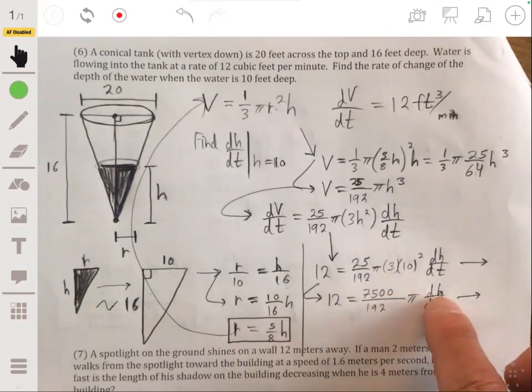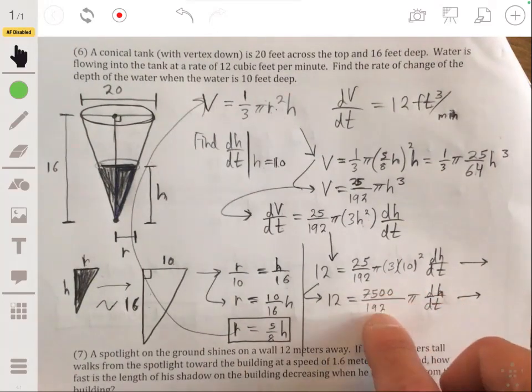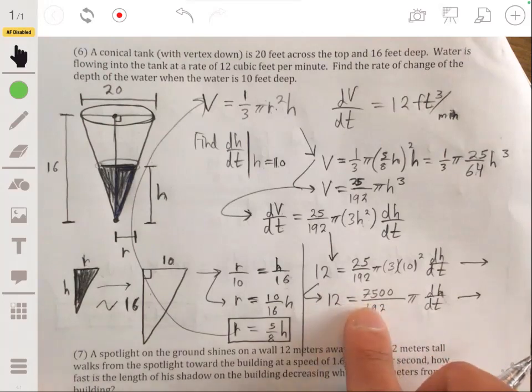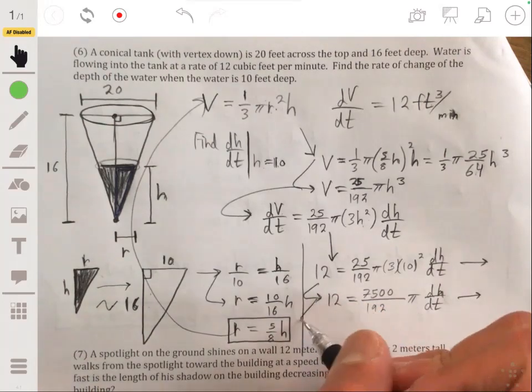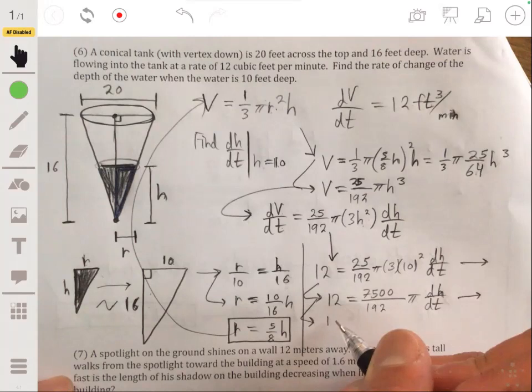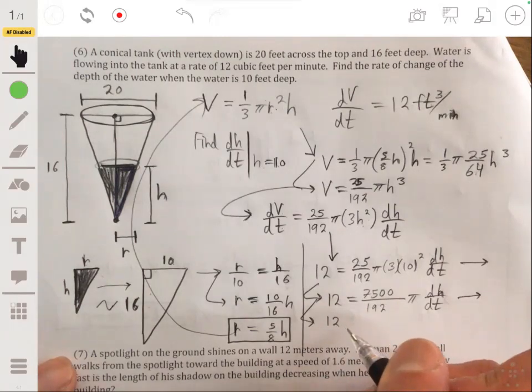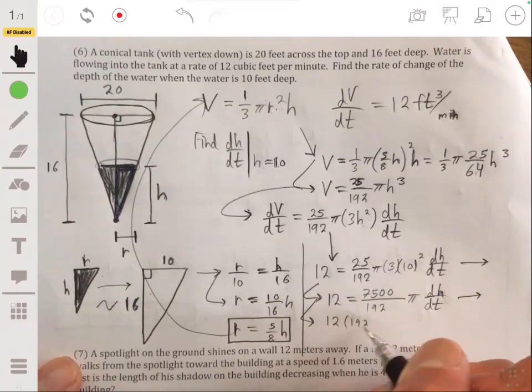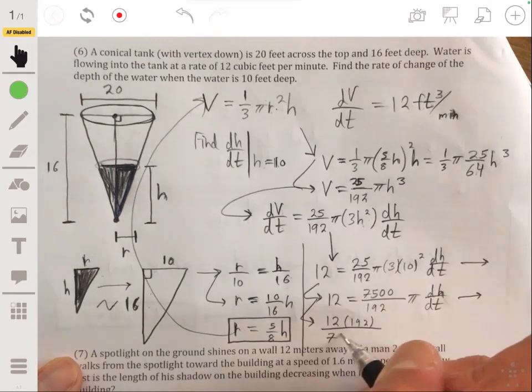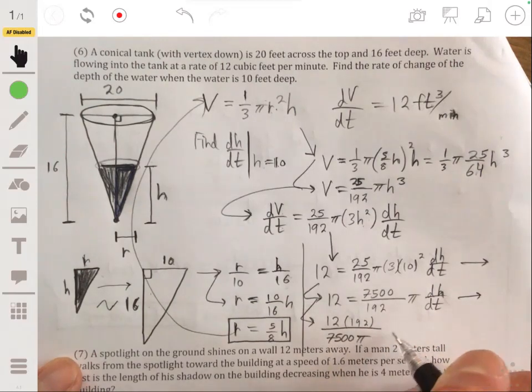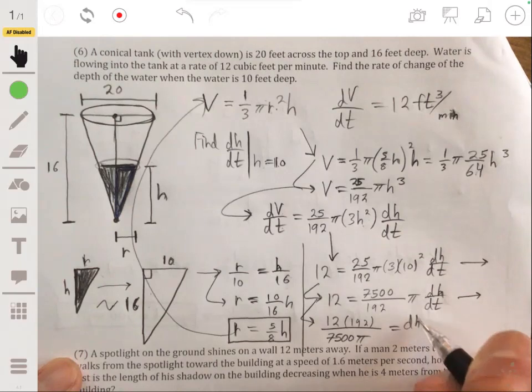Solving for dH/dt, we're going to multiply this by 192 over 7500 and divide it by pi. So we get 12 times 192 over 7500 pi, the dH/dt.